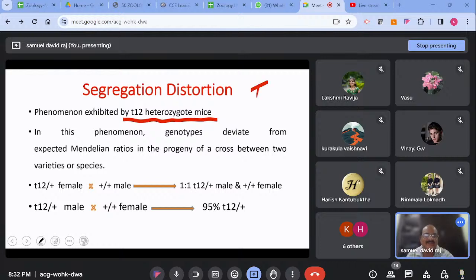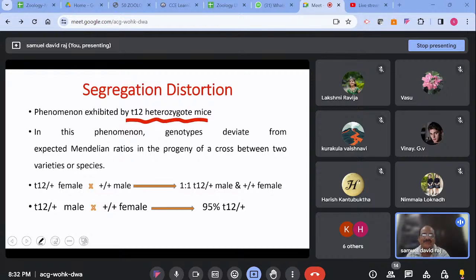Mendel says that in a hybrid, a heterozygote, which has a tall dominant gene and a small t recessive gene, during the formation of gametes they get separated and enter separate gametes, which we call segregation. But that segregation is not taking place here, hence we call it segregation distortion. It is exhibited by the T12 heterozygote mice.